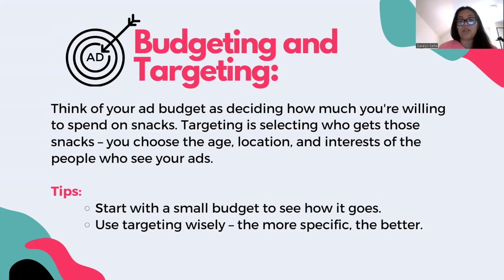You choose who gets to see your ad: you have to choose the age, the location, and interest of the people who see your ads. You might want to start with a small budget to see how it goes, and use targeting wisely. The more specific, the better.